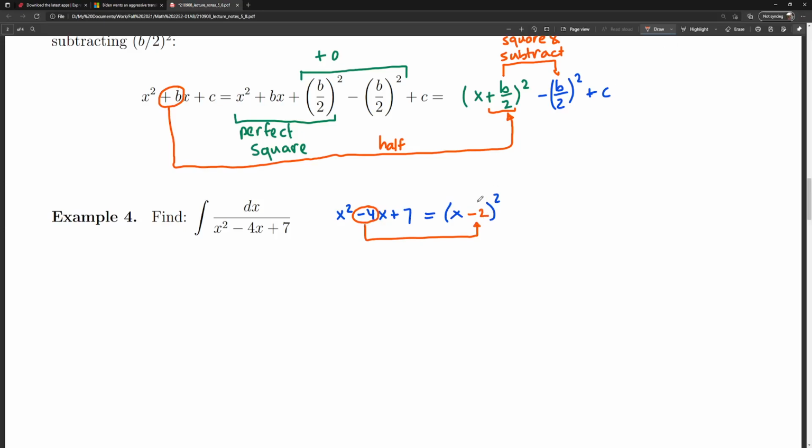And then I take that negative 2, I square and subtract it. So I take half, and then square, and subtract.